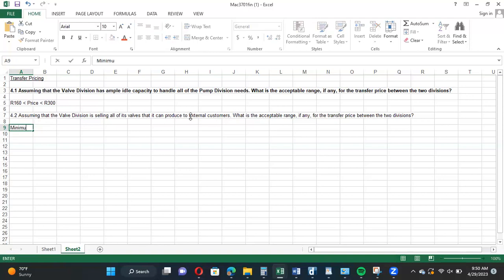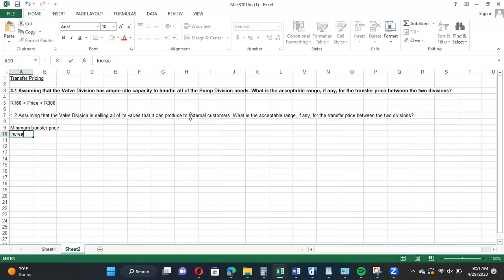So what we need to calculate here is the minimum transfer price. Now it needs a calculation, because certain things have changed, right? For UNISA, most of the questions they ask you are: what's the minimum transfer price?